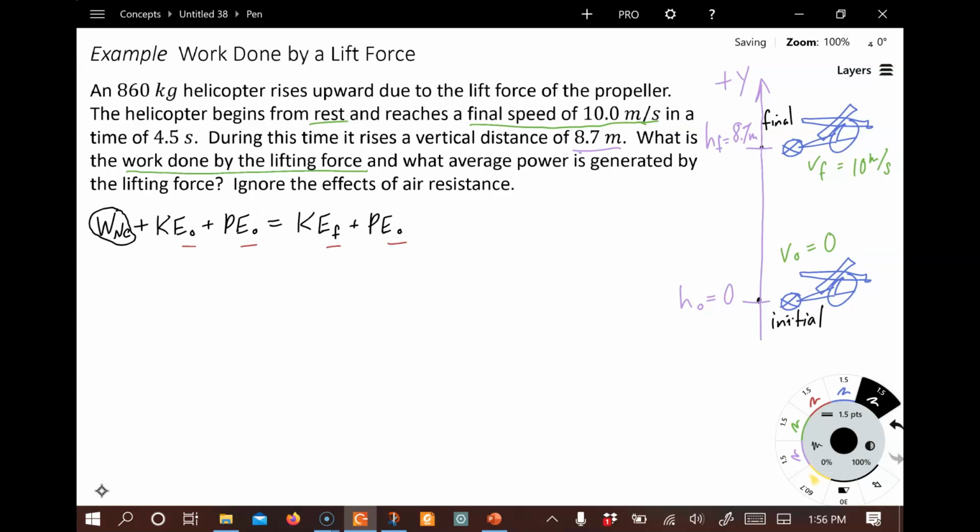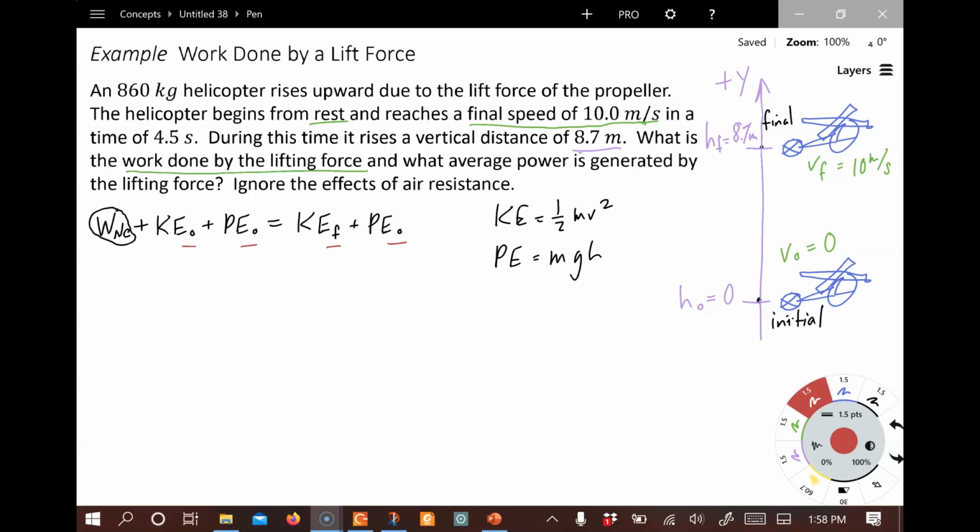Now, we've got a few zeros. Let's remember, right, that for kinetic energy, that depends on the speed, and for potential energy, that depends on the height. So wherever we find 0 values, we can cross out the corresponding energy value, right? So 0 initial height, P initial, 0. Actually, I see a typo here too.